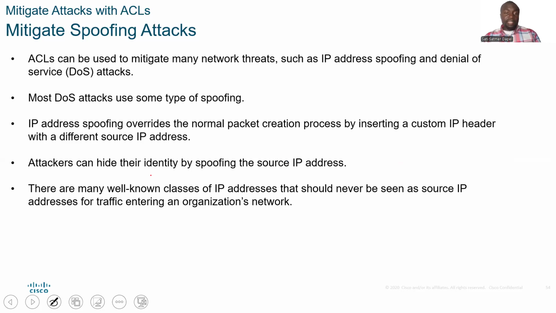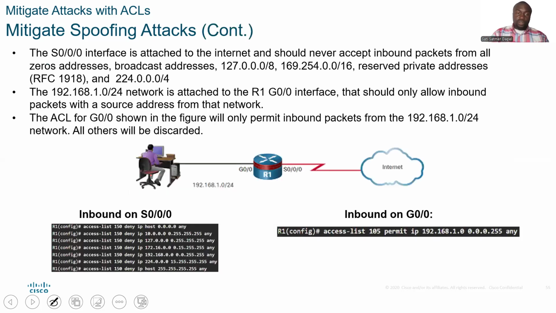Attackers can hide their identity by spoofing the source IP address. There are many well-known classes of IP addresses that should never be seen as source IP addresses for traffic entering a network organization.